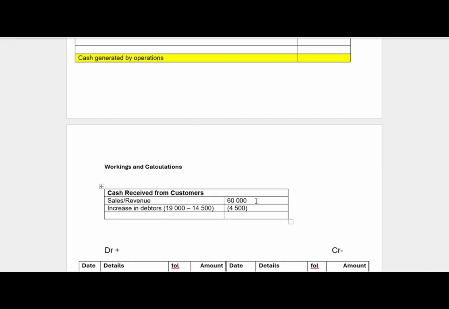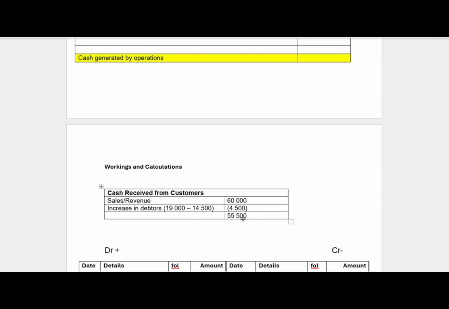So now let's calculate how much our cash received from customers is. You're just going to say 60,000 less 4,500, and then your cash received from customers is 55,500.